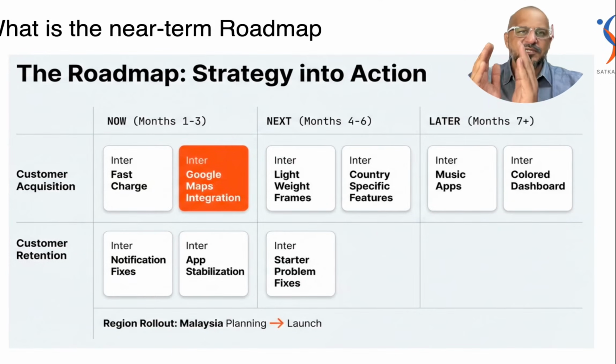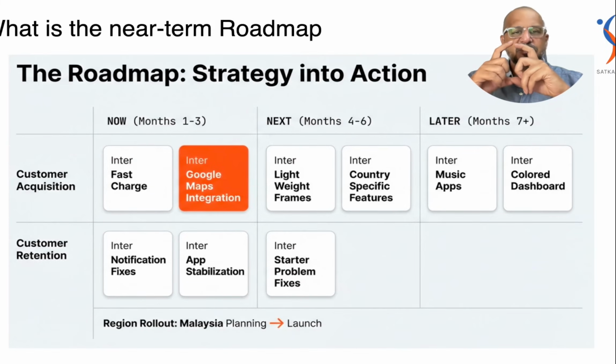So now is the next 3 months. What I'm going to do is everything in now. The next 6 months, what I'm going to do is everything in next, and everything beyond 6 months I will put in a later kind of bucket, right? So you see these vertical buckets of now, next, later, and the horizontal swim lanes, which are on acquisition, what am I going to do, and on customer retention, what am I going to do.